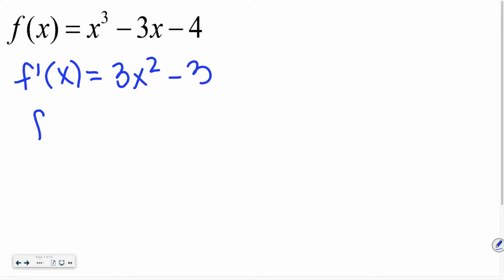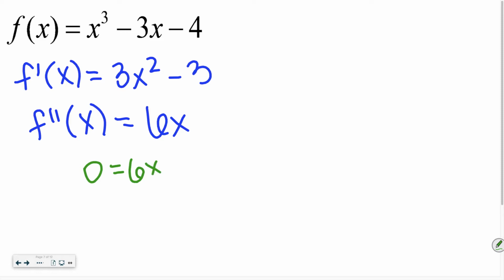Our second derivative would then be, okay. So if we're going to look at concavity and points of inflection, we need to know where our second derivative is 0 or undefined. Where does that occur?